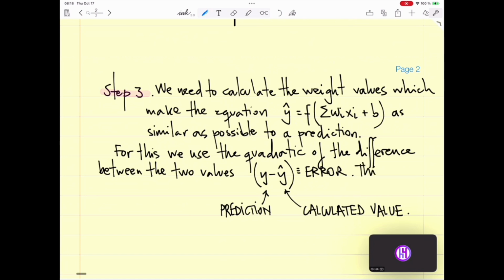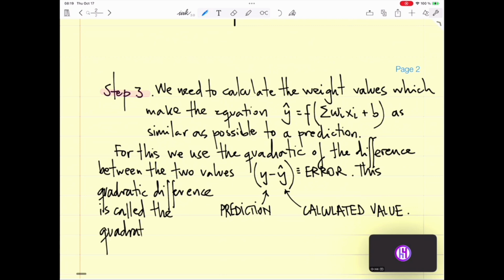This quadratic difference is called the quadratic error.